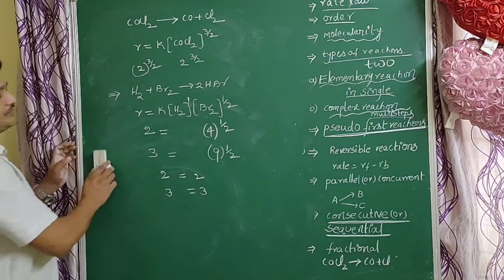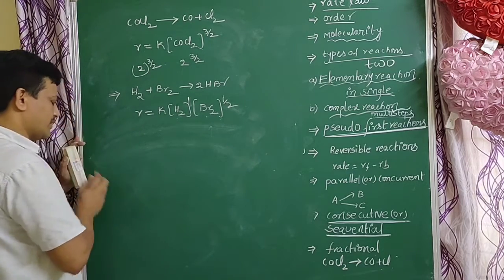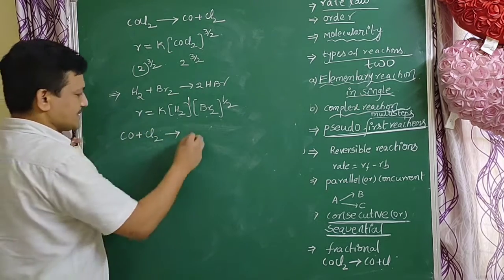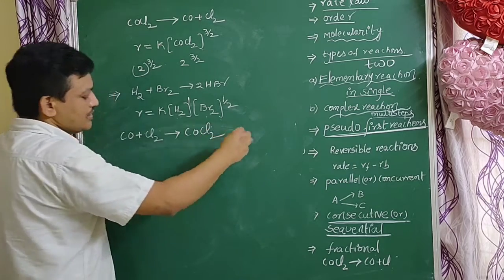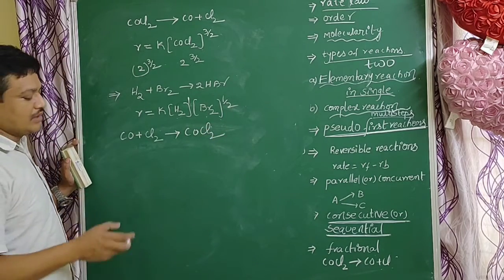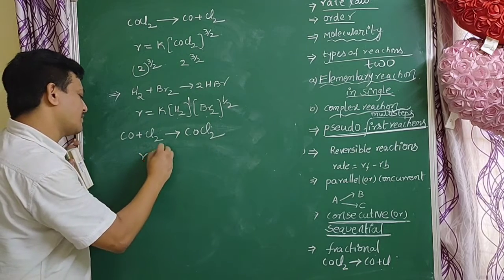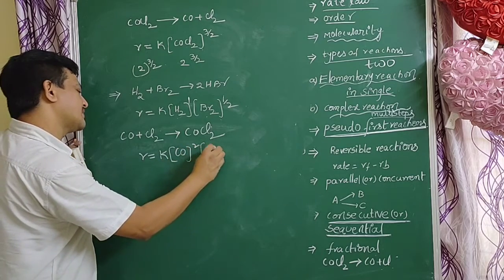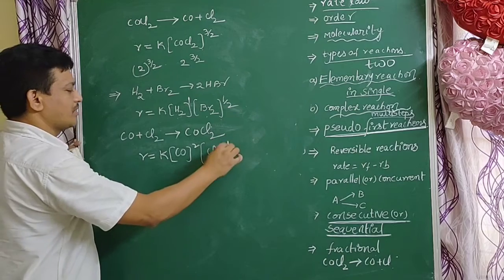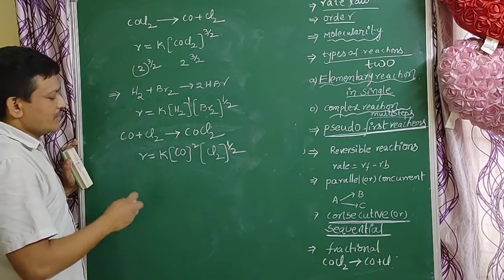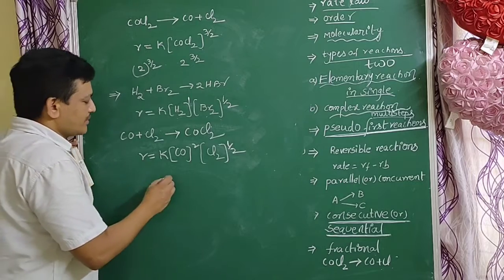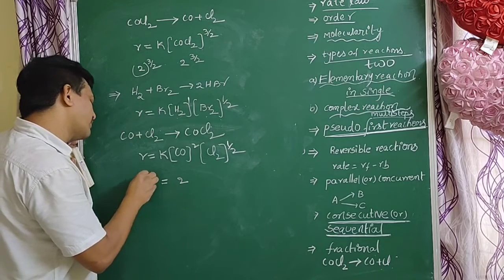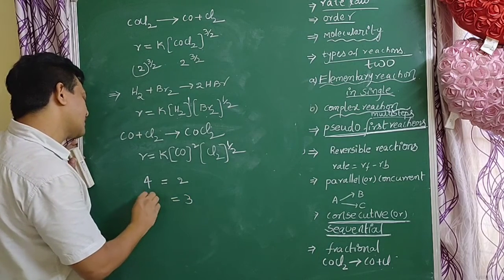One more example: carbon monoxide plus Cl2 gives COCl2. This is another fractional reaction. Rate equals K into CO whole square into Cl2 power half. How do we identify whether it is fractional order? When the concentration of CO increases 2 times, rate increases by 4 times; increased 3 times, rate increases 9 times.